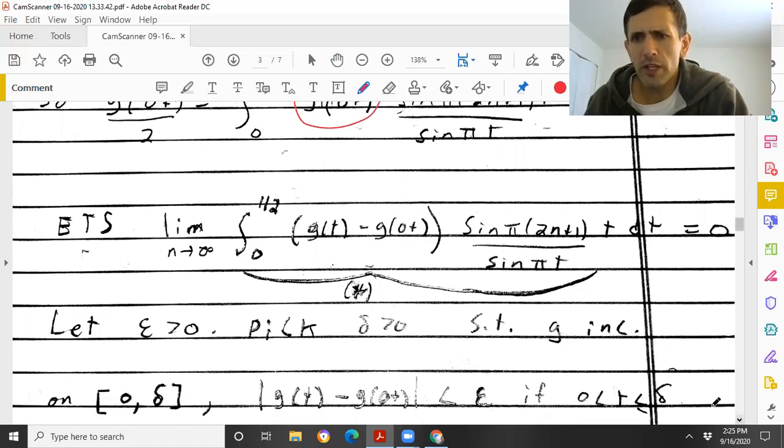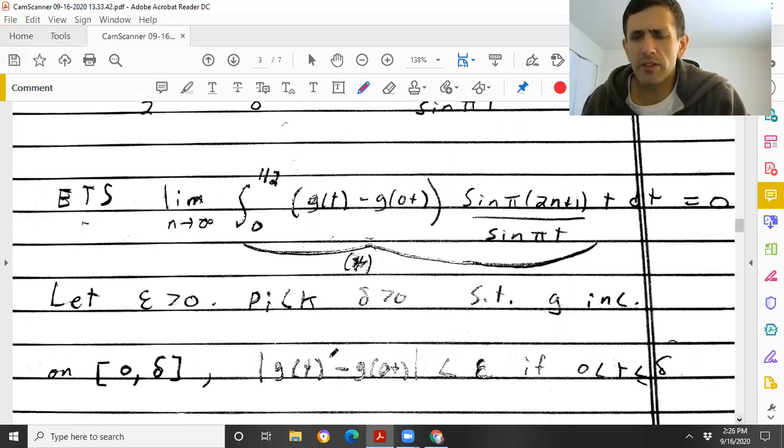We're concerned with the right-hand limit, so we only need g increasing on a little bit to the right of 0. So pick delta where g is increasing on this little neighborhood, and this here is less than epsilon if t is between 0 and delta. This is the definition of the right-hand limit existing, and this is g of 0 plus.